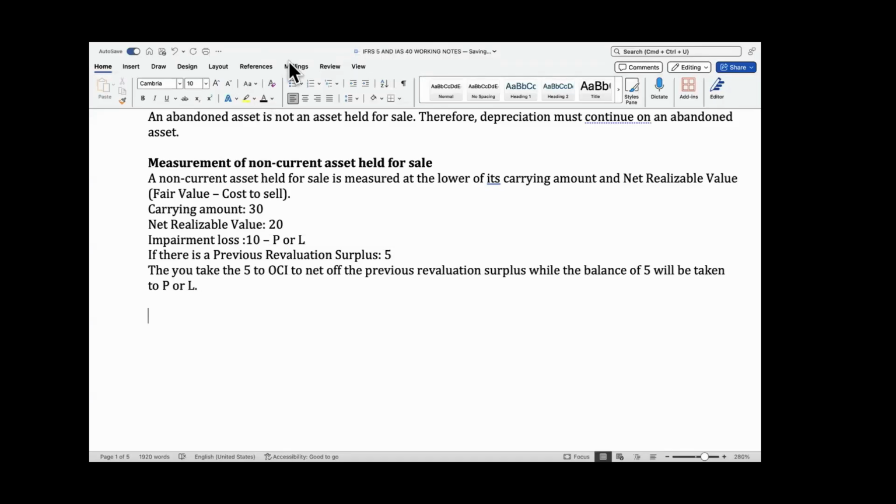And that is how you measure a non-current asset held for sale. What then happens if you classified an asset as held for sale and you have made several efforts to sell, but you could not sell? Then the entity reclassifies the asset back to non-current assets.